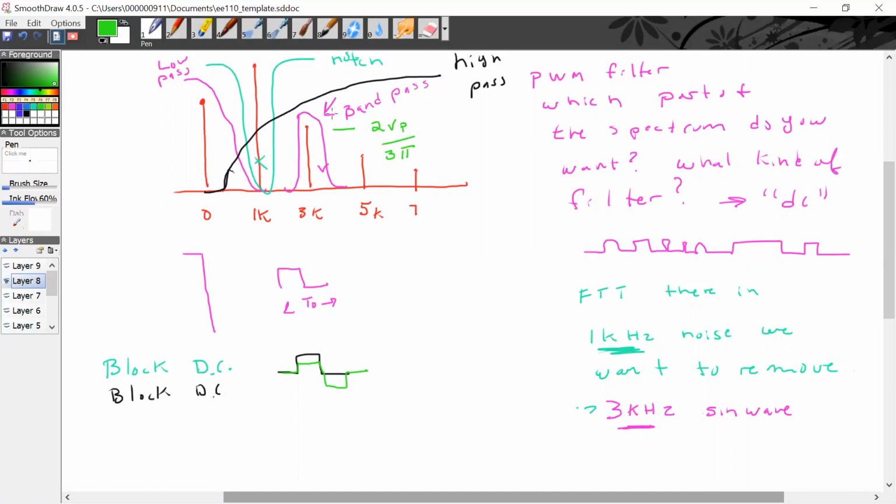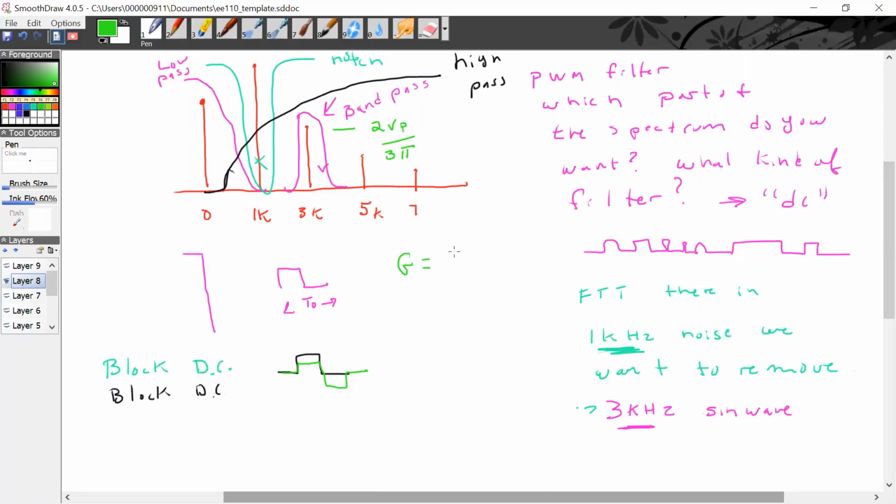Now the thing is, I didn't say I had any gain there. But let's say I wanted a gain of 0 dB.